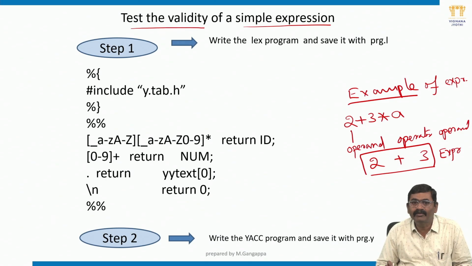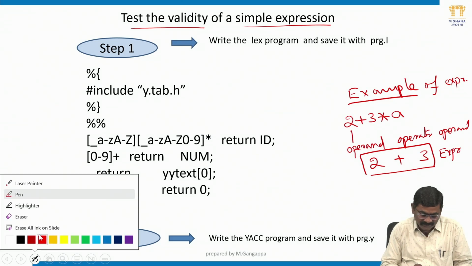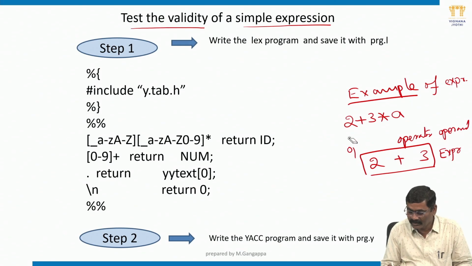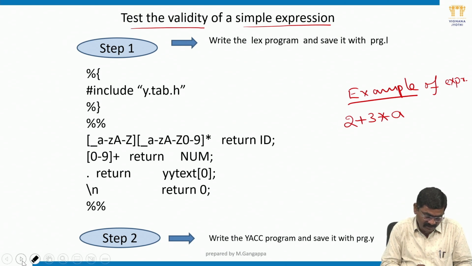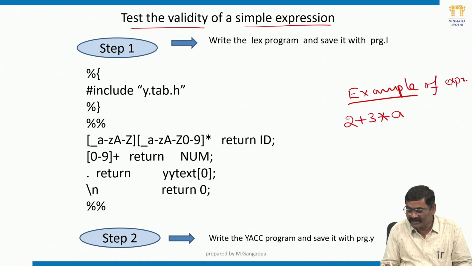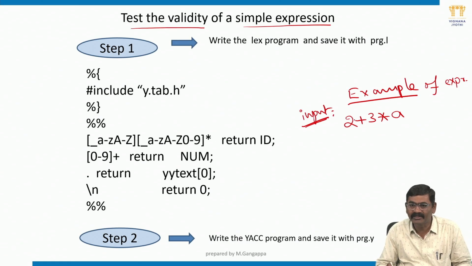So to write the YACC program to test the validity of the simple expression, first we need to understand what is required to write the YACC program. If we consider this as an input, let us observe what is required to write the program based on the input. So the first requirement is number. The second one is also number, and this is identifier.